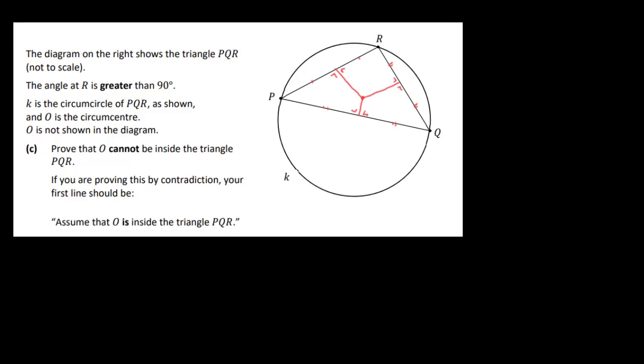So let's just draw that in. Let's say we have a line from P out here, so that's one radius. We have a line up here to R, that's another radius, and we have a line down here to Q, that's our third radius. They're all equal. Now remember again, this is going to be equal to this one here, is going to be equal to this one here, because they're all radii.